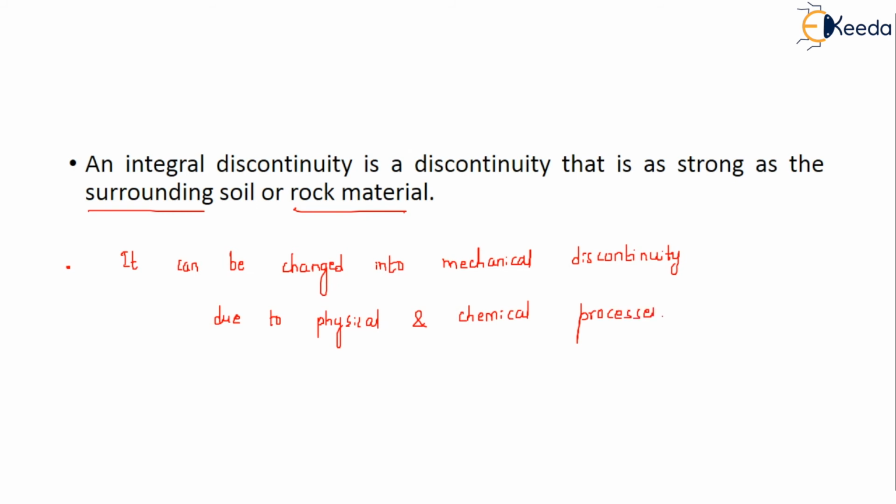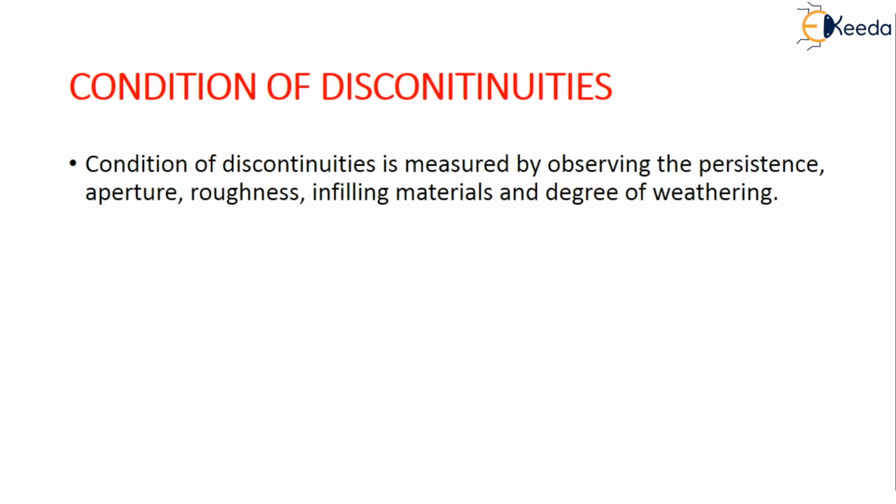This is the important point. What are the conditions of discontinuities? Let us briefly discuss. The condition of discontinuities is mainly measured by observing the persistence. There are a few qualities by which we will come to know about the discontinuities: persistence, aperture, roughness, the infilling materials, and the degree of weathering in that place.